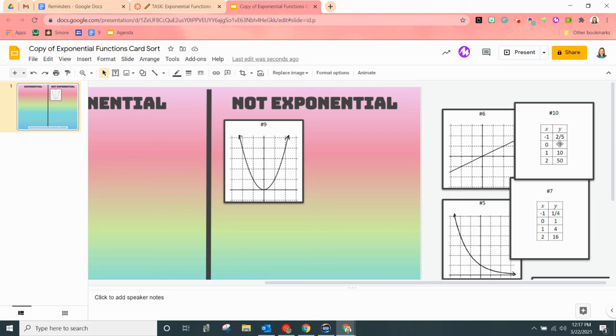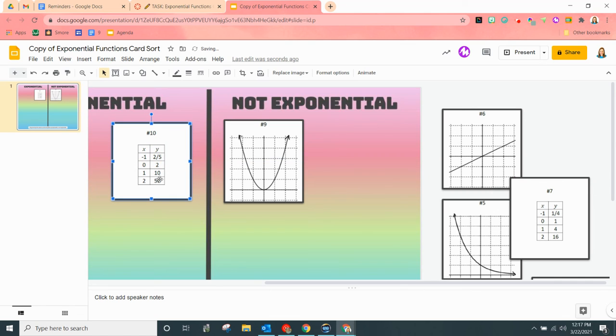Can you take the same number and multiply it times 2 to get 10? The same number, multiply it times 10 to get 50. So what if we multiplied 2 times 5? Let's think about that. Well, that would give you 10. What is 10 times 5? Oh, it's 50. So this one is exponential, because if I multiply by 5 all the way down my y column, those are the values I'm getting.